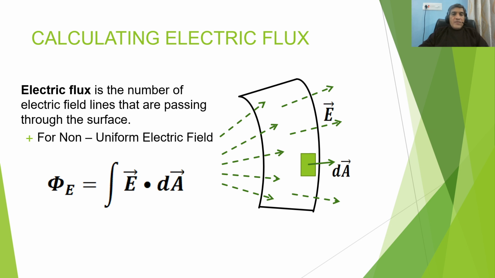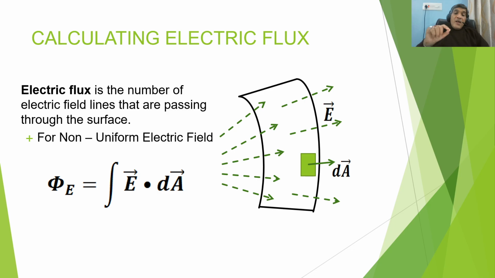So here is again a very nice PPT regarding calculating electric flux. Electric flux is the number of electric field lines that are passing through the surface. Keep that in mind. Electric flux is the number of electric field lines generated by the particular charge which is enclosed by the particular surface.